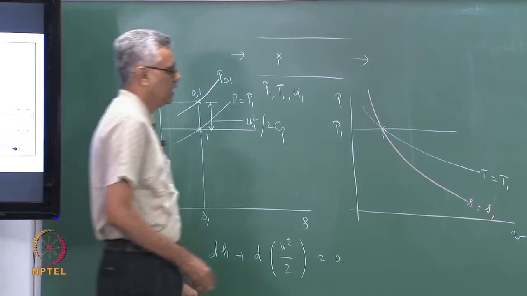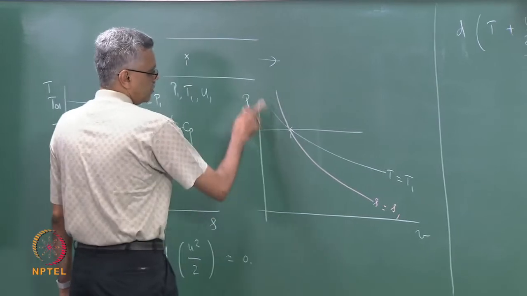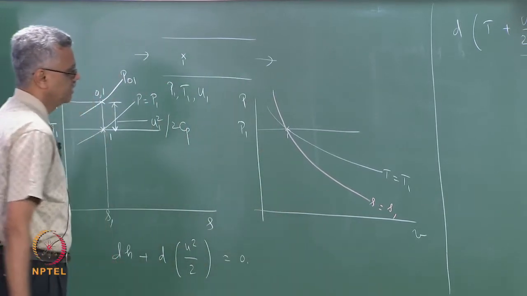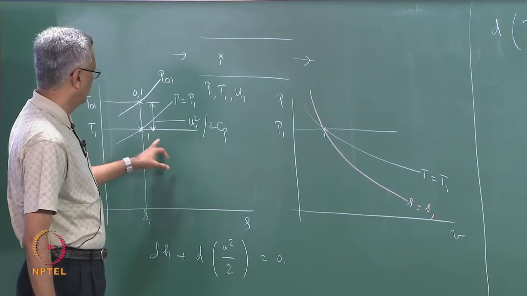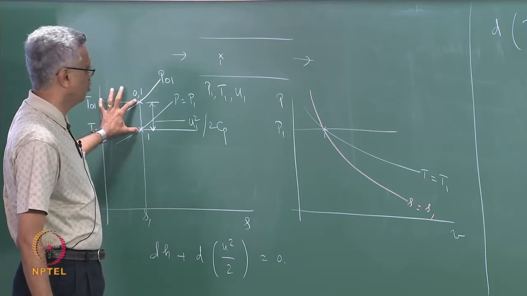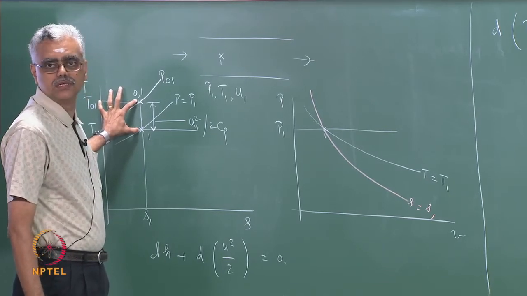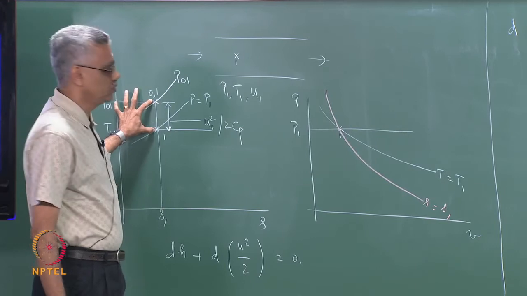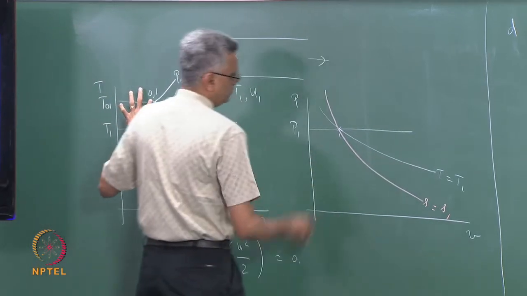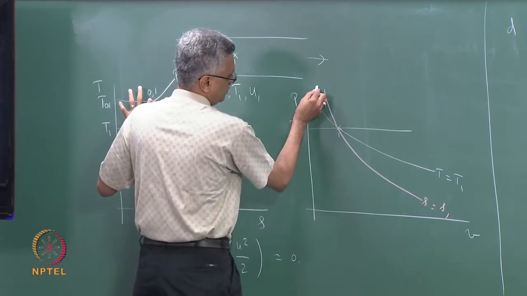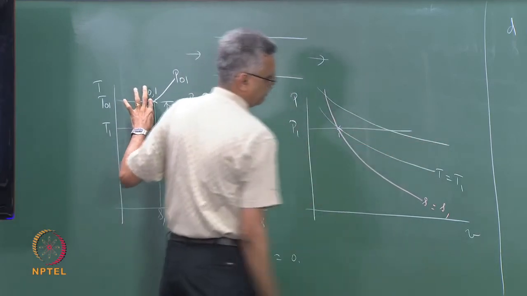So, what I do is I take this, and now I am adding u1 square over 2 Cp to this static temperature value. So, that means I look for the isotherm which is like this, right.